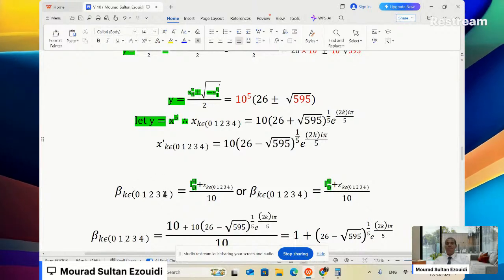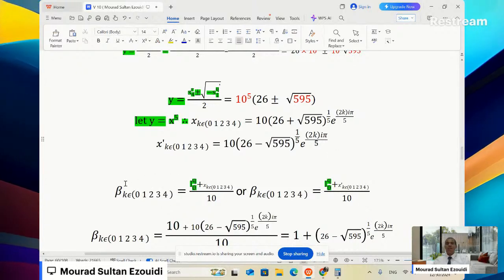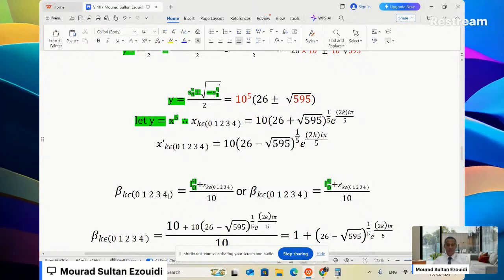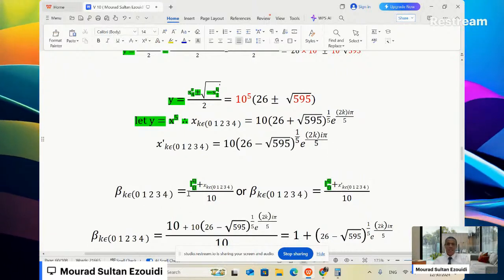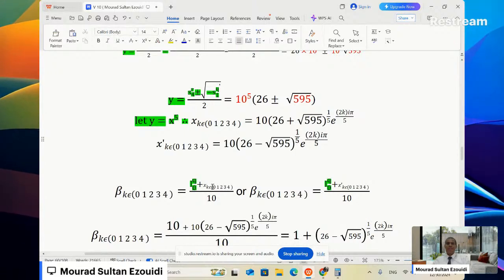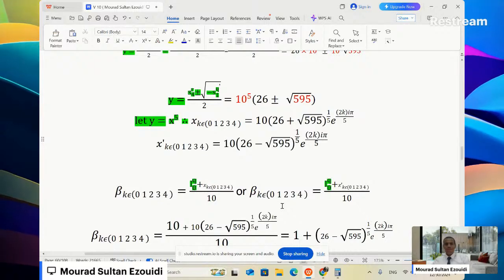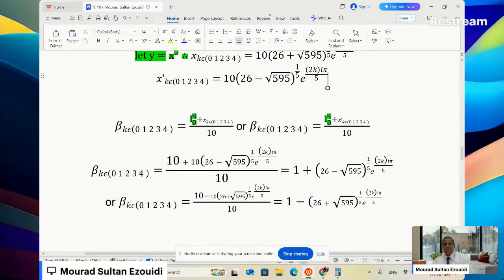To find the roots of my original equation, I should substitute k from 0 to 4, divided by 10. Just substitution here.